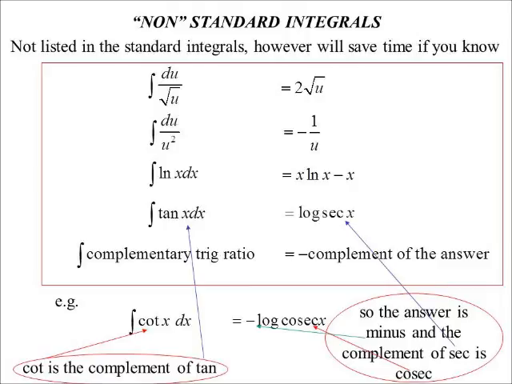Integral cosec will be minus the log of cosec x plus cot x. And well, there you go, minus the log of cosec, just for neatness I suppose. I could bring that negative inside and say cosec to the power of minus 1, reciprocal of cosec is sine. Make it a little bit neater.